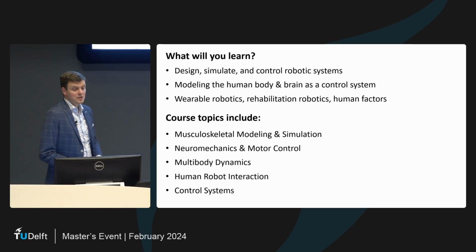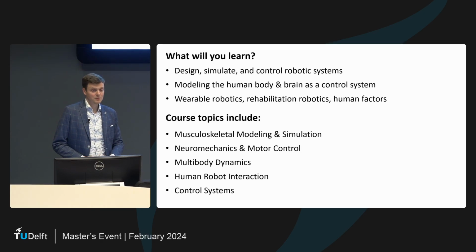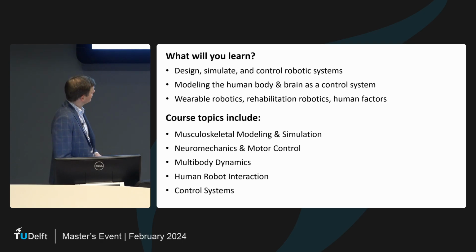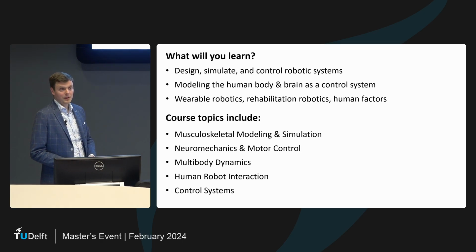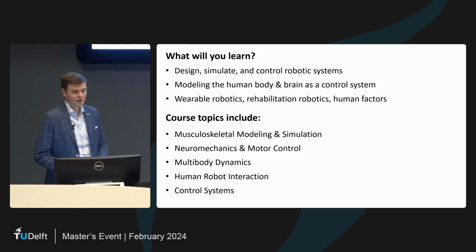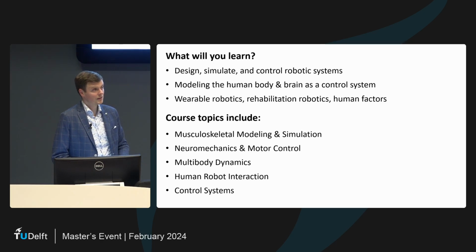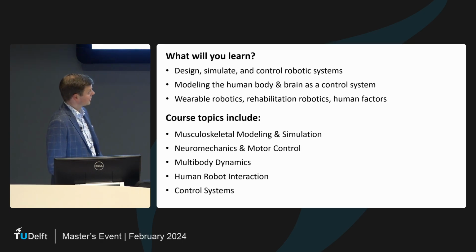Other things you will learn is to design and to simulate and to control robotic systems. One of the things is modeling the human body and the brain as a control system. One software that's often used here is OpenSim, and one of the founders of OpenSim is also working within our department, and still working on further development of the software and how it can be programmed so it becomes more user-friendly.